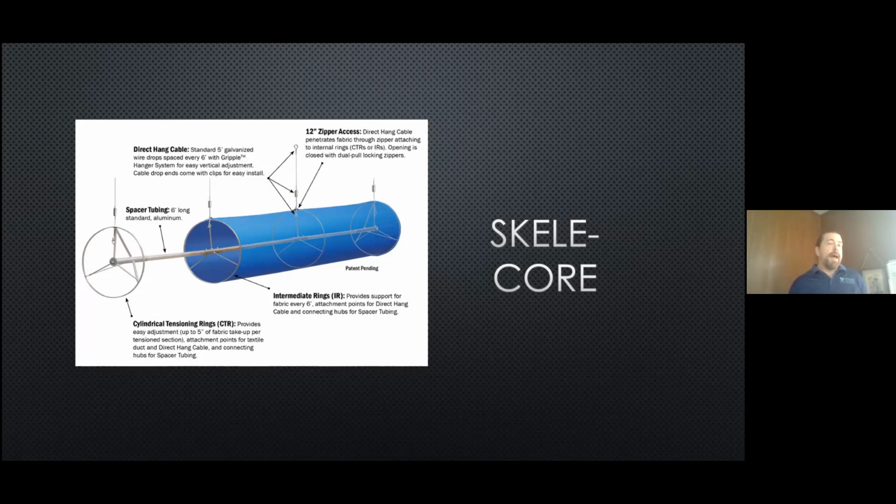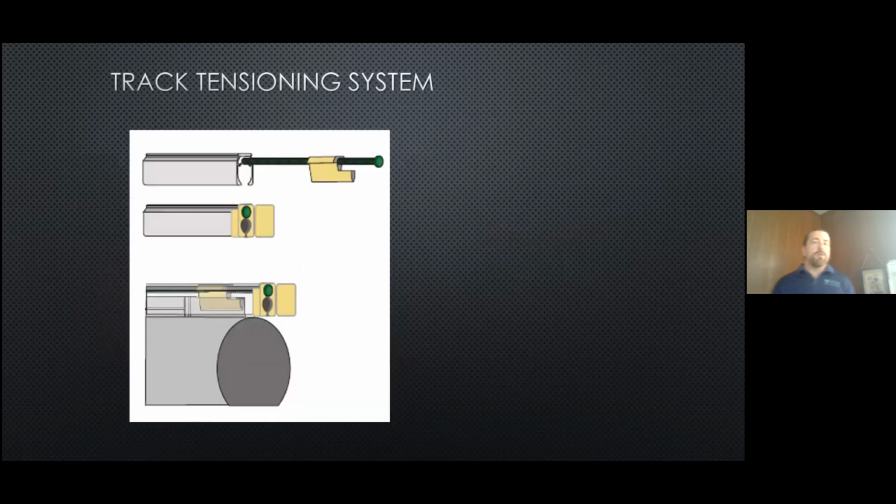The way we do that is a system that uses both the internal rings, but also a different way of providing tension. Instead of having a field assembled rod that fits in the middle there, what we'll do is use what we call a track tensioning system. So it's a very small threaded rod that fits into the end of our installation track. And this tab right here will fit down into a pocket that is installed on top of the diffuser.